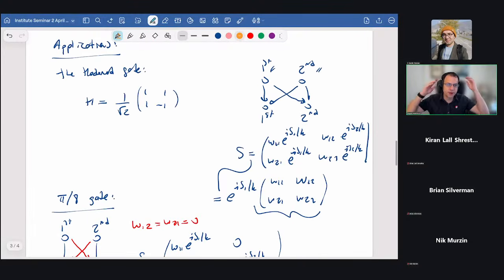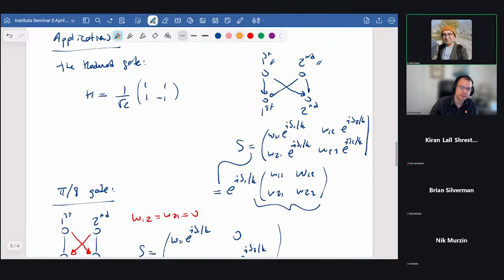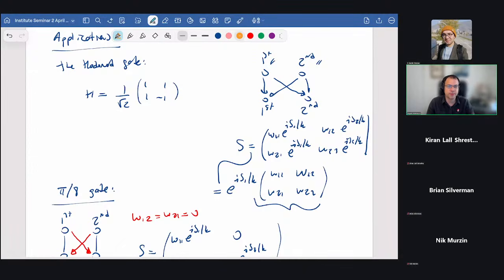In general, these transition matrices are not necessarily square. So in that case they wouldn't necessarily be invertible.